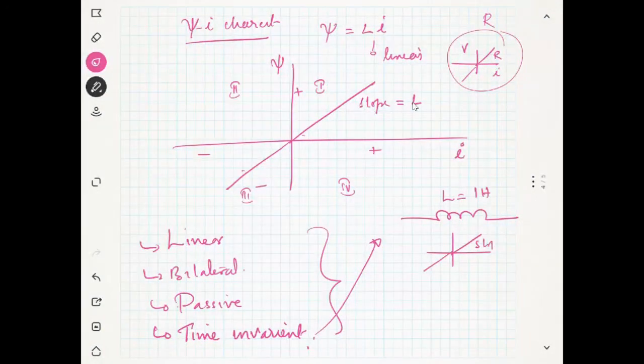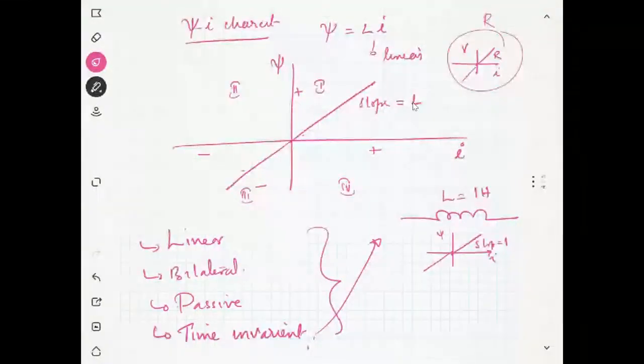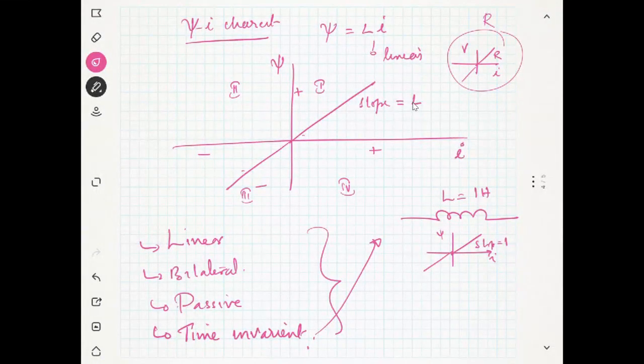The slope is 1, right? Now you take the same inductor after 100 years. What will the inductance be? If nothing happens to it, it will be the same. That means its property is not changing with time. That is time invariant.